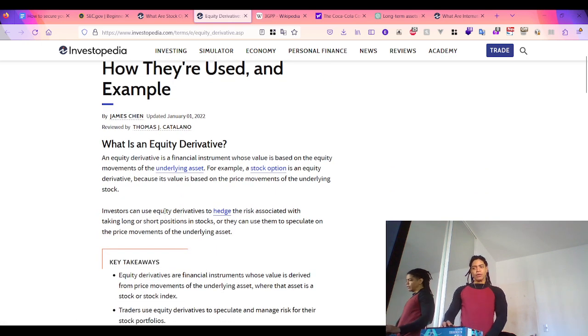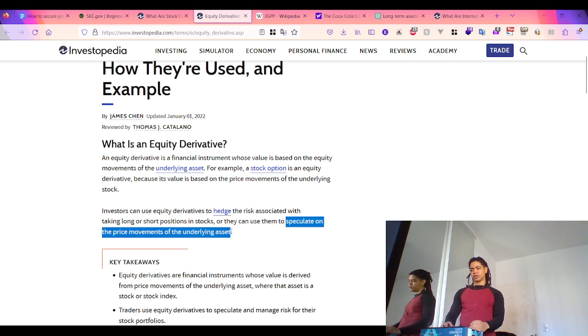Investors can use equity derivatives to hedge the risk associated with taking long or short positions in stocks, or they can use them to speculate. So these equity derivatives are being used to speculate on the price movement of the underlying assets.